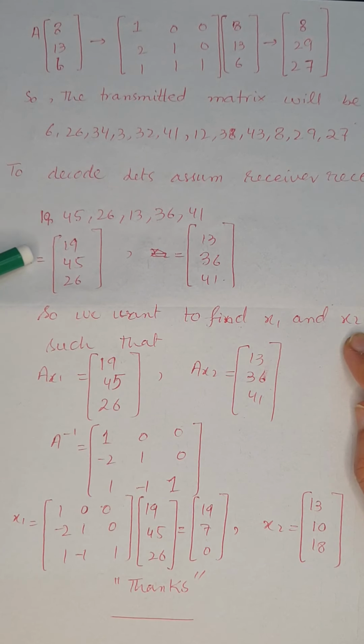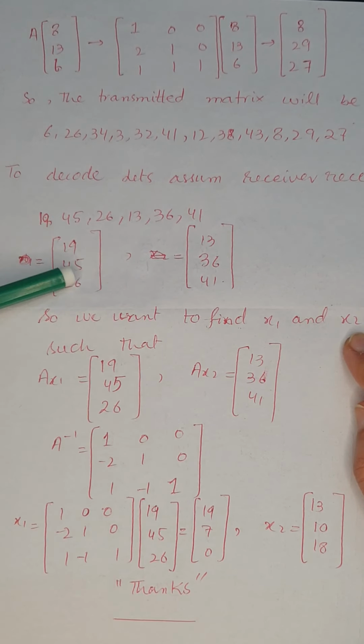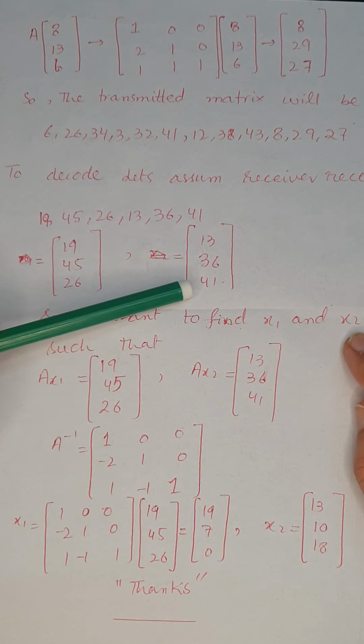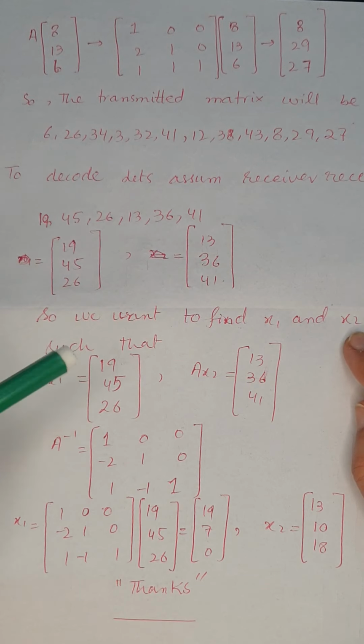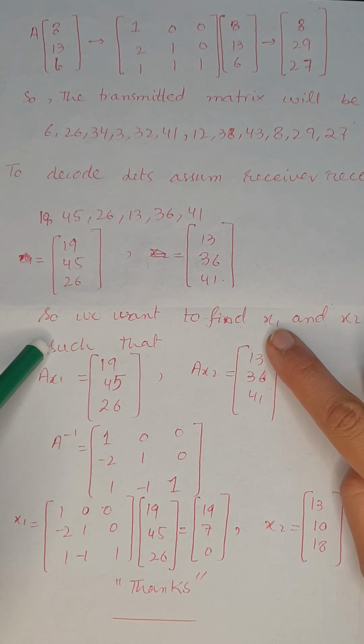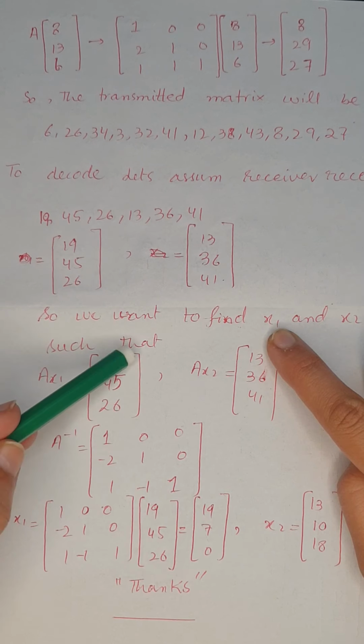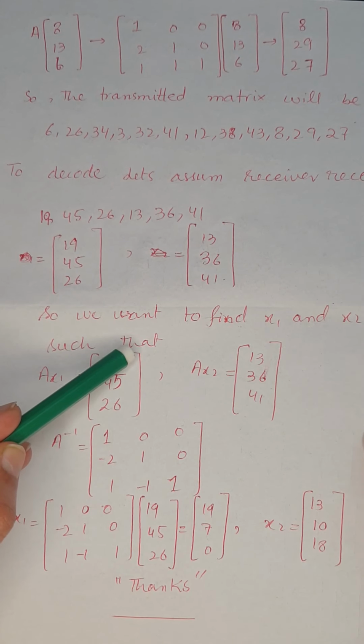So let's say our message 1 is a column vector having 3 entries. This is my message 1 and this is my message 2. And next we want to find what the original message is from which we got this at the receiving side.